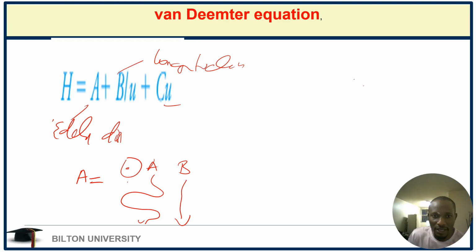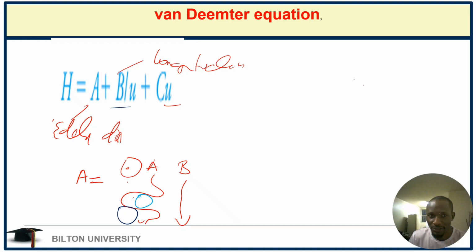So let's say we have pool A and another pool A. You'll find that there will be a diffusion from one pool to another as it navigates different paths, and that's going to make that solute lag behind. While in B, there are fewer pools, so it will just go straight, and as it goes straight, it's going to reduce the eddy diffusion, and therefore we are preventing band broadening, or zone broadening, and we are going to increase column efficiency.